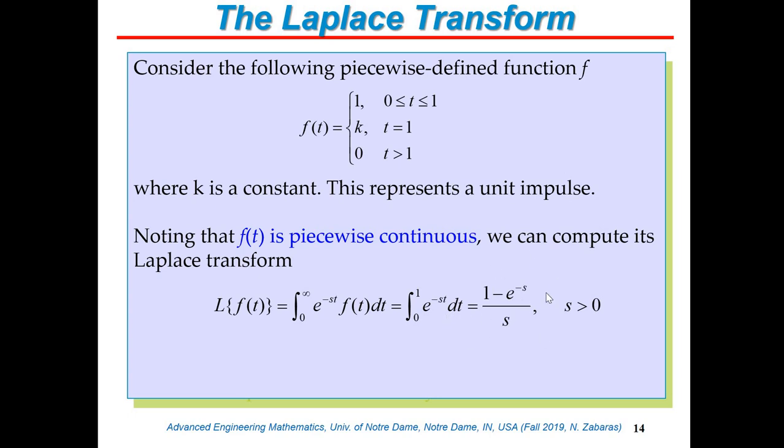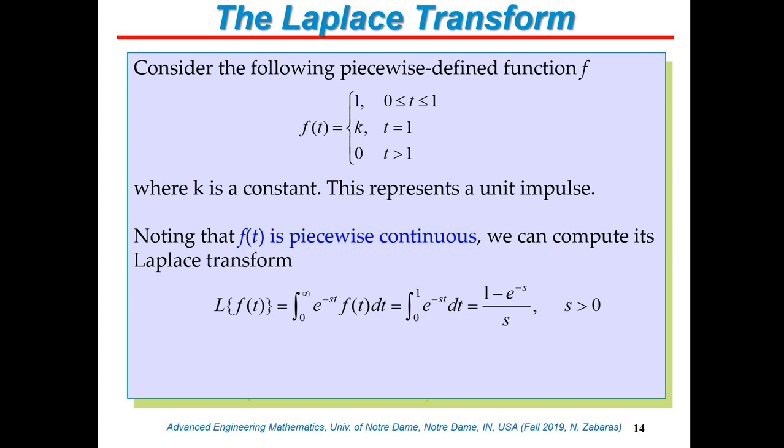So basically, the Laplace transform comes to be the f of t here takes the value of 1. That's the only thing that is going to give you contribution. But you notice because the function f of t equal to 1 is defined from 0 to 1, I have to change the limits of integration here from 0 to 1. So the result basically comes 1 minus e to the minus s over s for s positive.